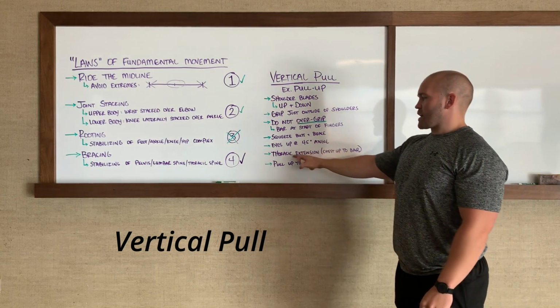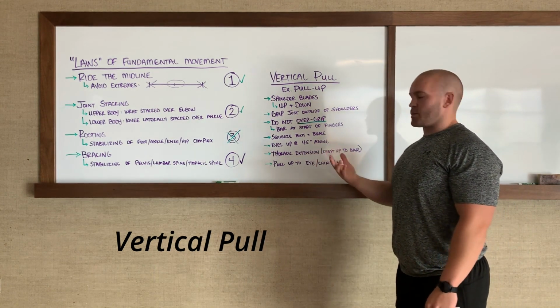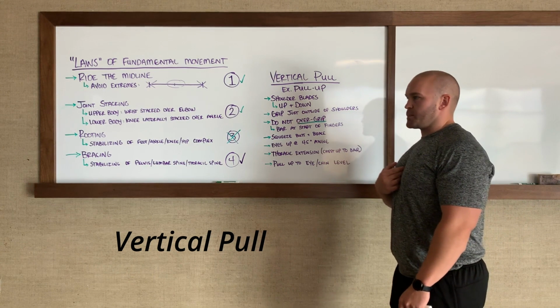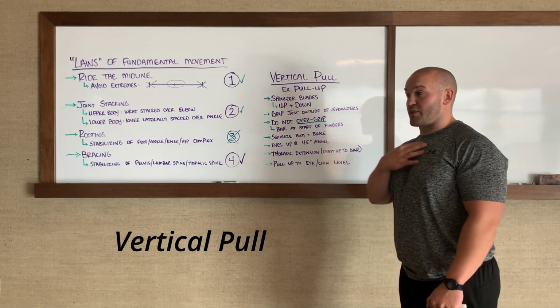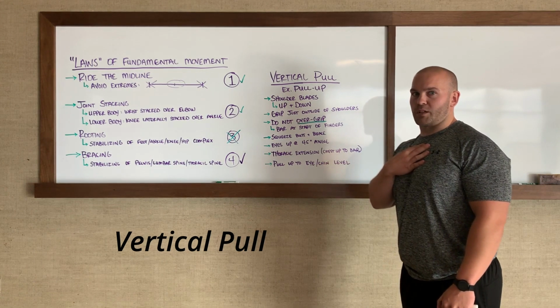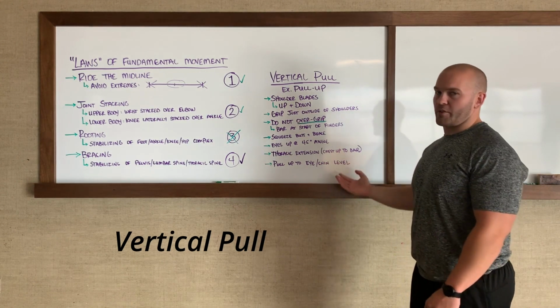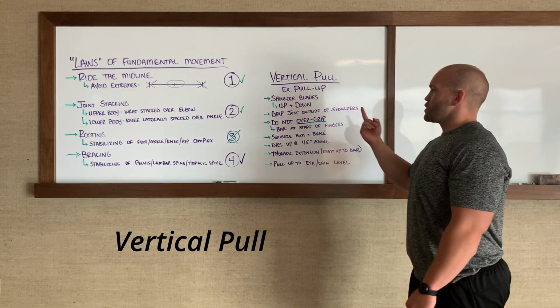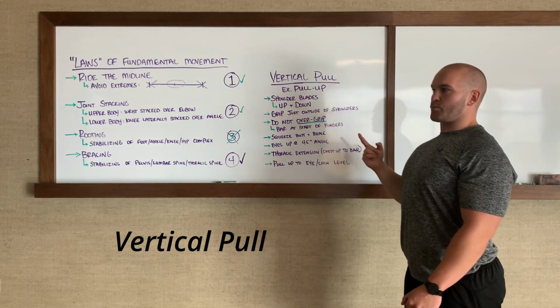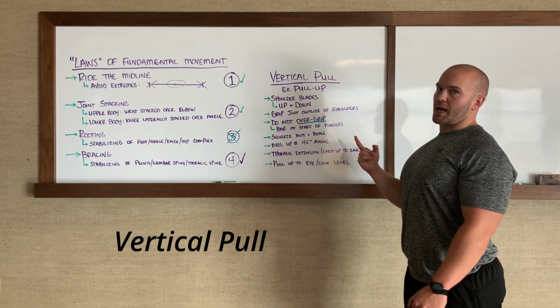Think about thoracic extension. So this goes back to the push-up as well. Bring your chest up to meet the bar. It's not probably going to get there, because it's very difficult to do a chest to bar pull-up, and I'm actually not gonna recommend you go that far anyways, but the intention should be there. That's going to help drive our shoulder blades down properly in order to engage the lats.